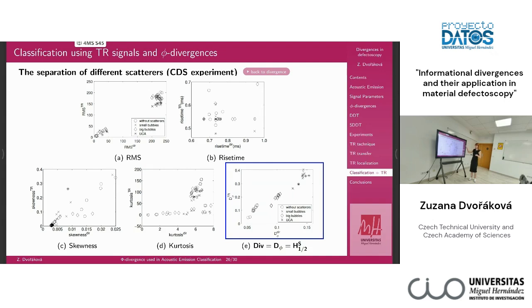These are standard parameters. But you can see that in this experiment they don't work very well. You can see that clusters are overlaid, that we are not able to distinguish the groups.